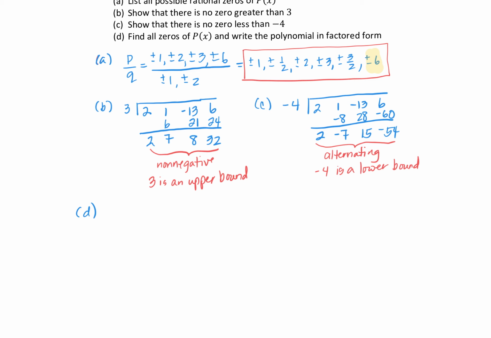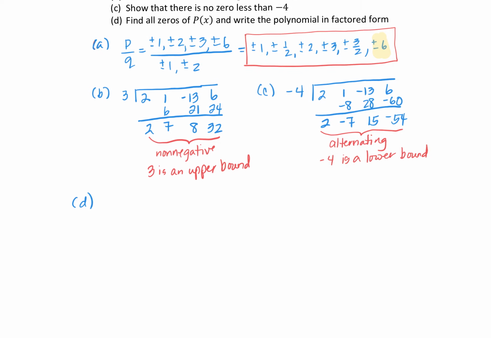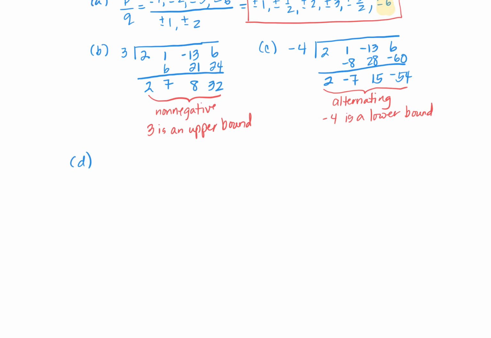If we get a zero remainder, that value is a zero. But I don't like fractions, so I'm going to actually start with positive 1. And if that doesn't work, I'm going to go to negative 1. If that doesn't work, I'm going to go to positive 2 and negative 2. My last choices will always be my fractions because I don't like to do fractions in synthetic division.